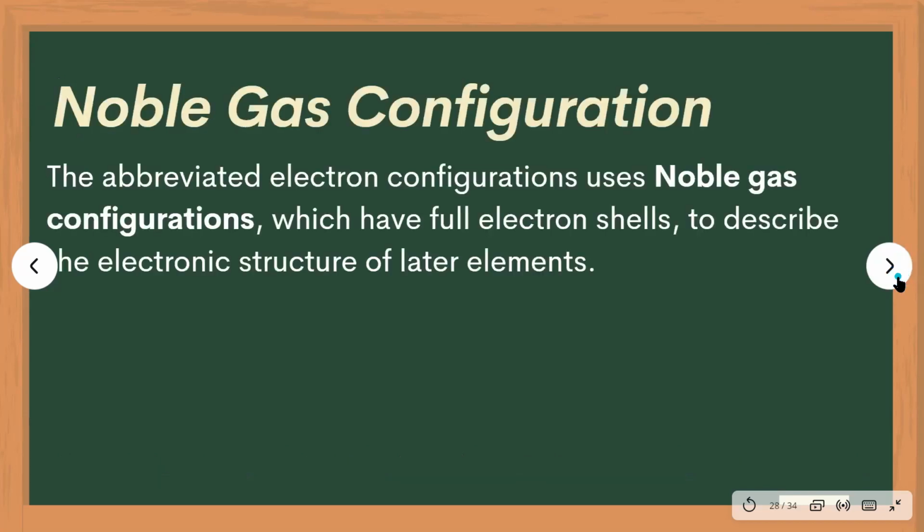The noble gas configuration, or the abbreviated electron configuration, uses noble gas configuration, which has full electron shells, to describe the electronic structure of your elements.